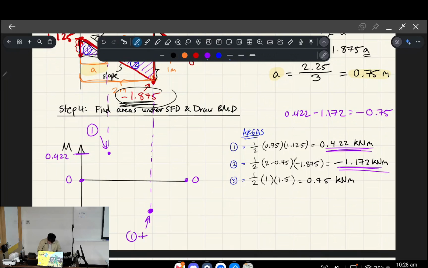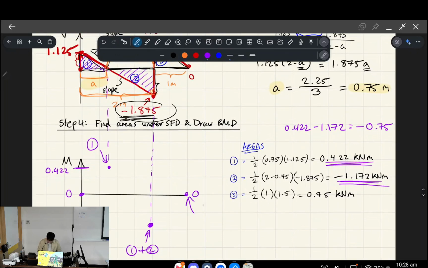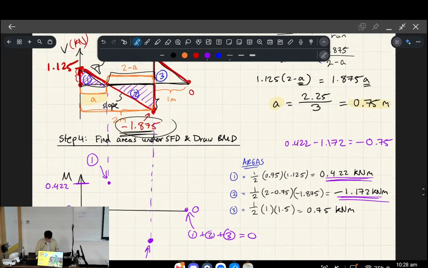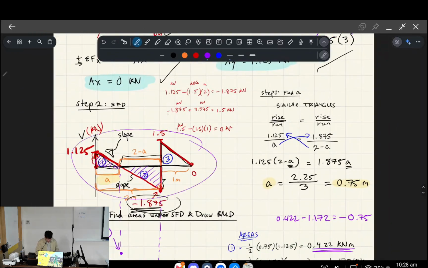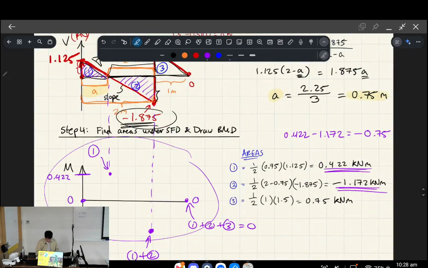So this is when you add 1 and 2 together, okay? And ultimately, if you add 1 plus 2 plus 3 together, you should get 0, okay? So these are the points, and we have the magnitudes. Now we have to draw the correct bending moment shapes to connect everything together. We can know that because these are triangles, these shapes have to be parabolic, okay?